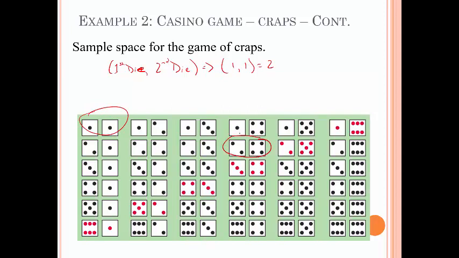This one right here is the outcome 2-4, which results in the sum 6. Notice that rolling a 2-4 is different than rolling a 4-2. You're still saying you rolled a 6, but you got there a different way. So these are all the possible outcomes of this game.